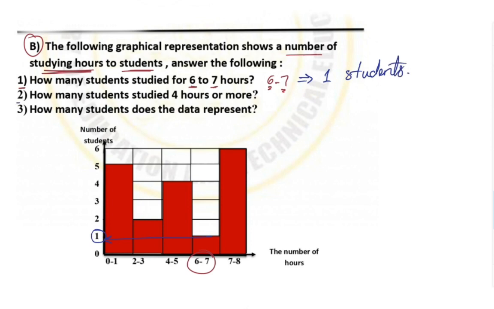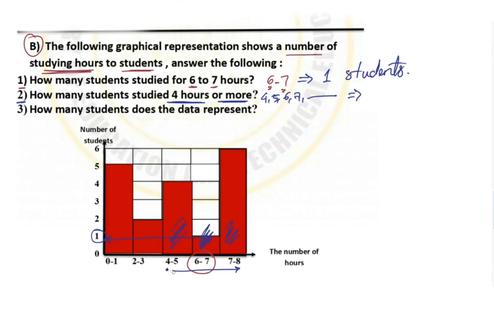Question 2. How many students studied 4 hours or more? 4 or more? So start with 4, maybe 5, maybe 6, 7, and so on. So look here. Start with 4 and more, all of these intervals. So I will start with this interval and take this one and this one.